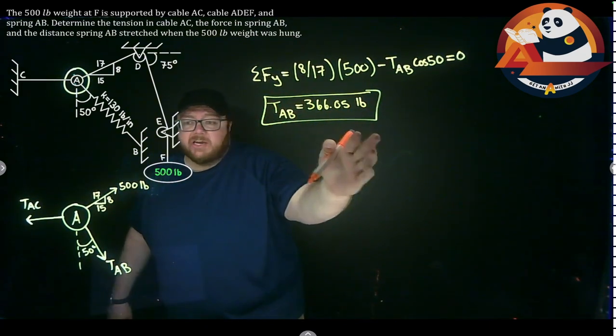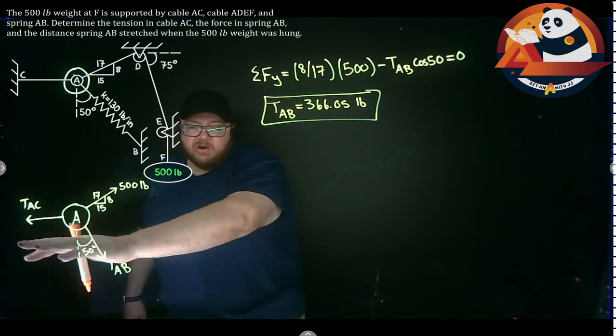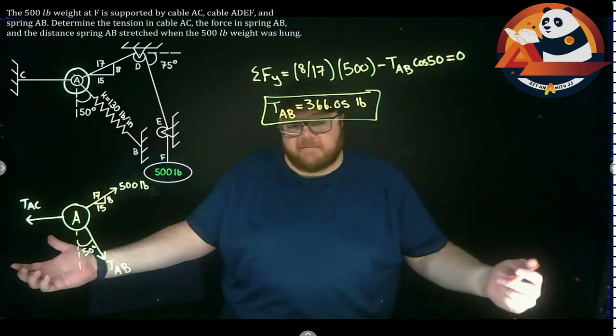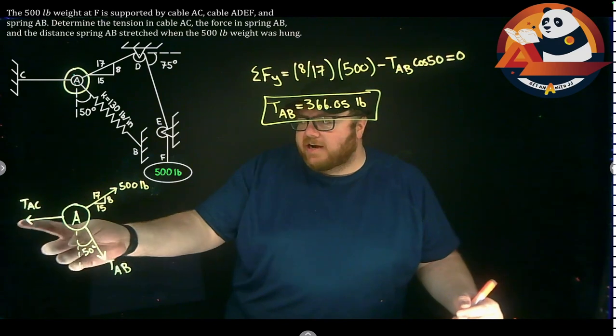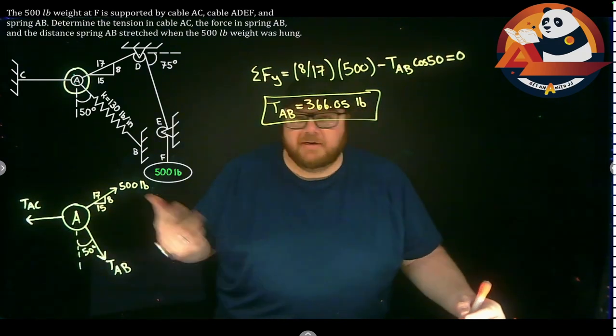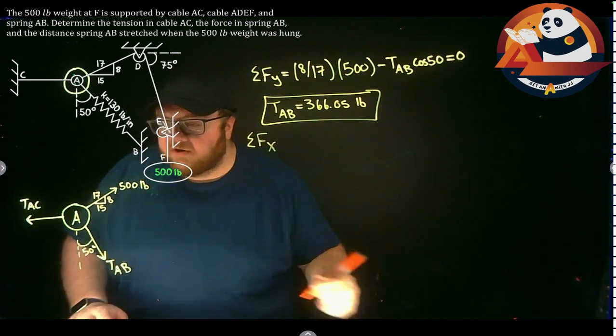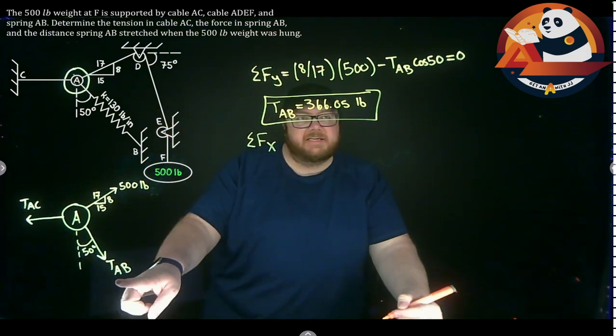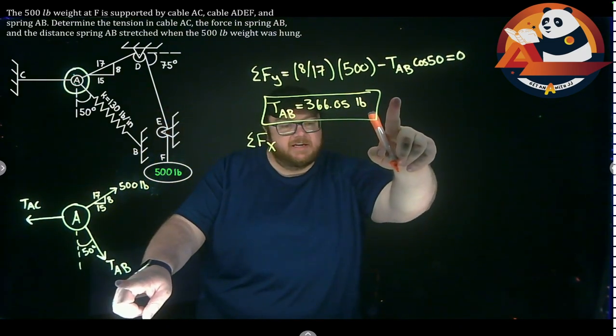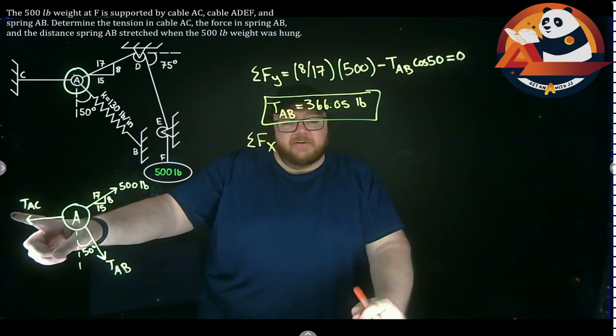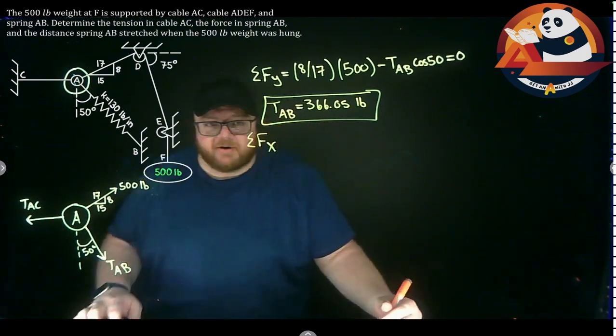With that known, I could go in and do F equals Ks or sum the forces in the x to get one of my other two answers. Let's go ahead and do my other equilibrium equation. If I sum up forces in the x direction, now that I know T_AB is 366.05, I can solve for T_AC.